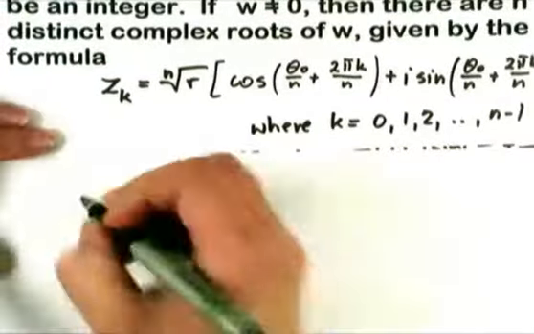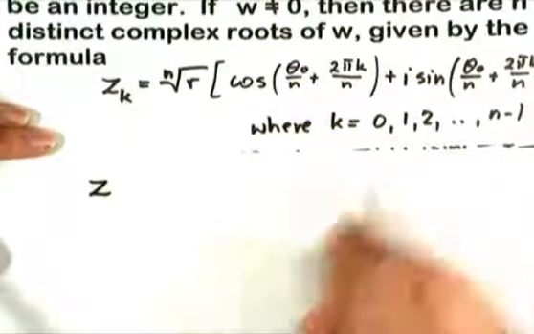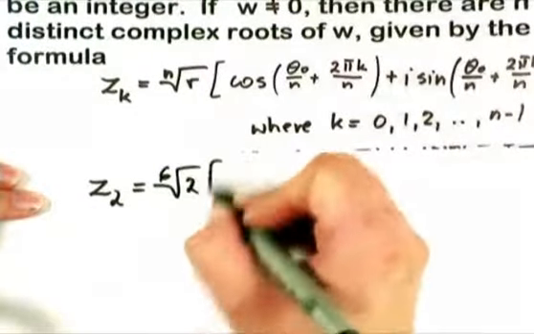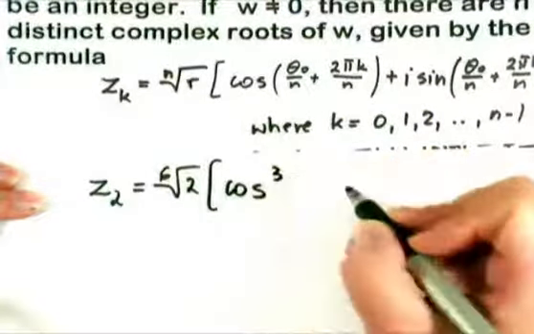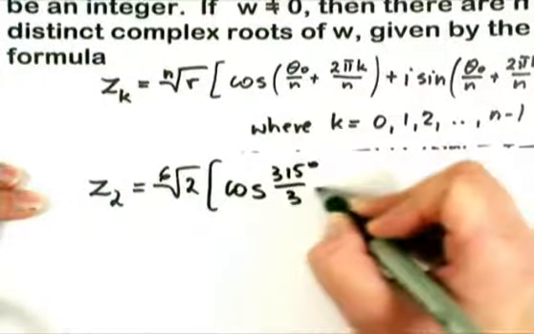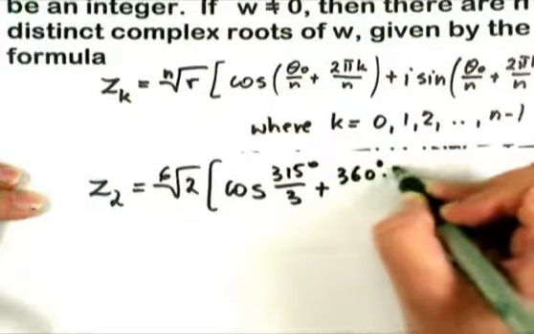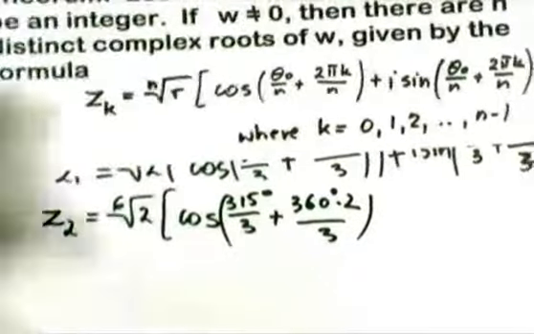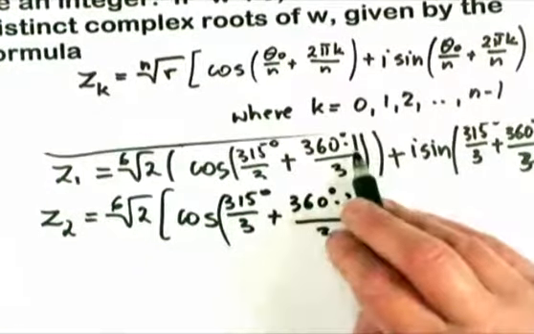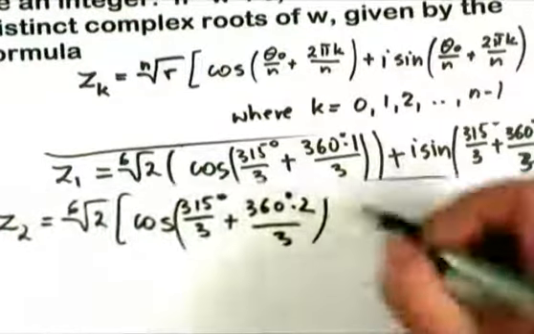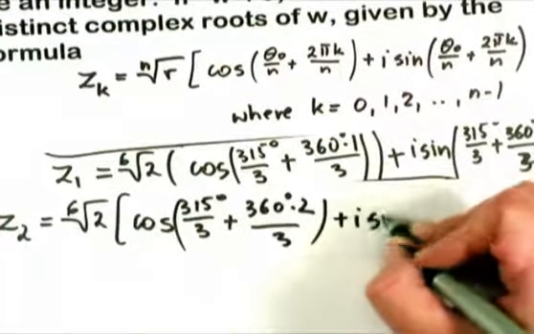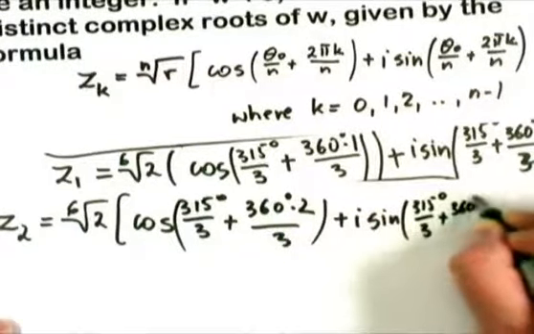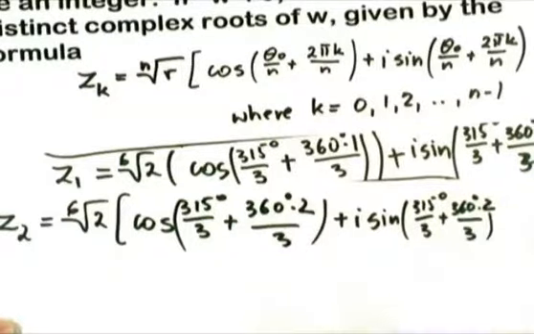So now we have that k is 2. z2 is, this one, the sixth root of 2 times cos of 315 divided by 3 plus 360 times 2 divided by 3. As before, we had exactly the same, now with times 2 in those formulae. Then we have plus i sine of 315 over 3 plus 360 times 2 divided by 3.